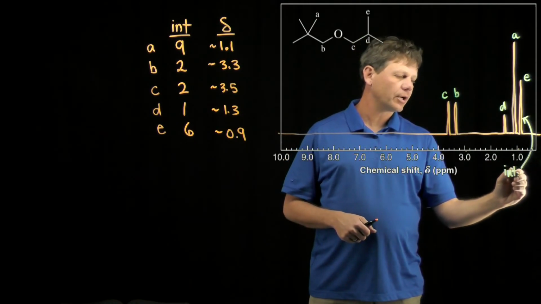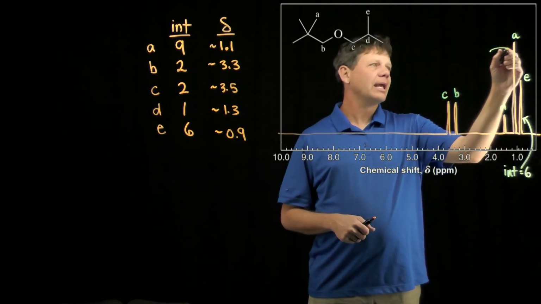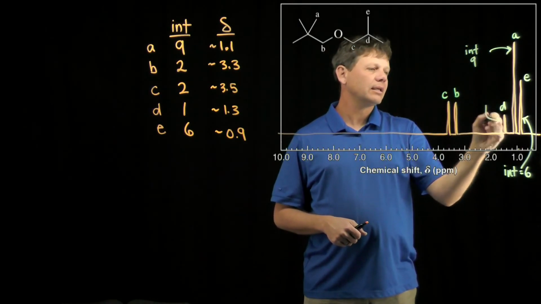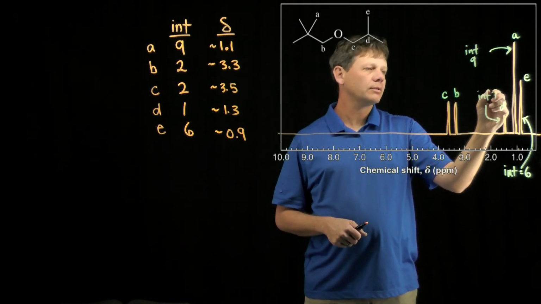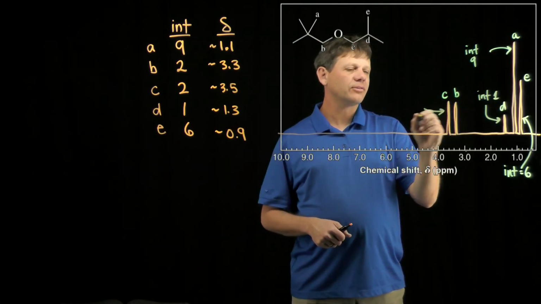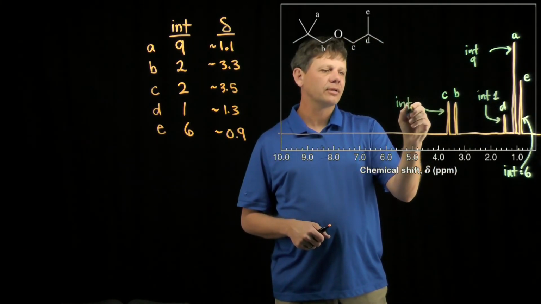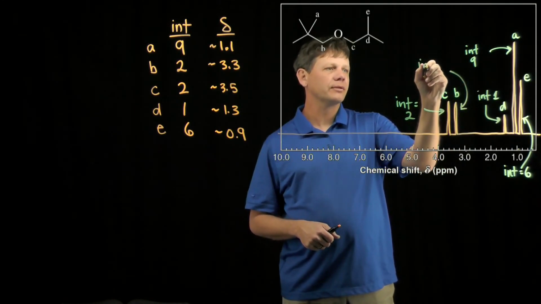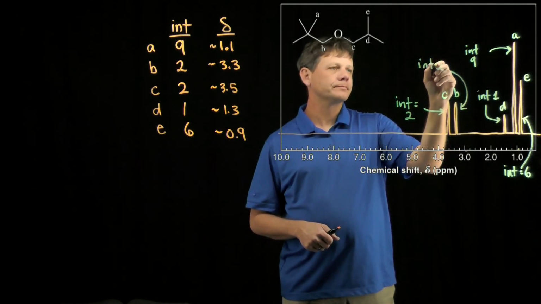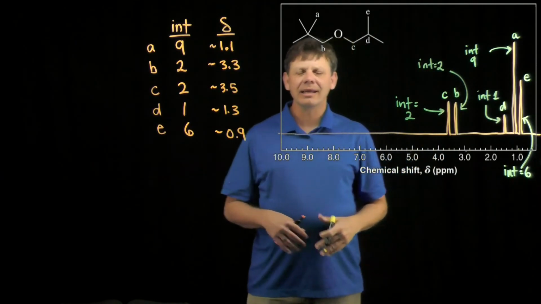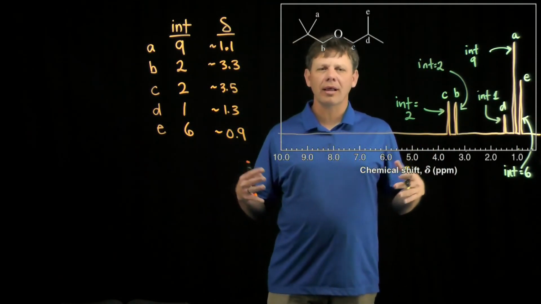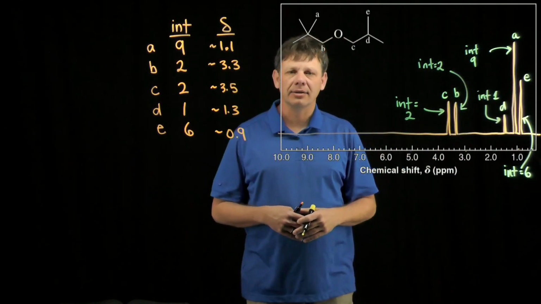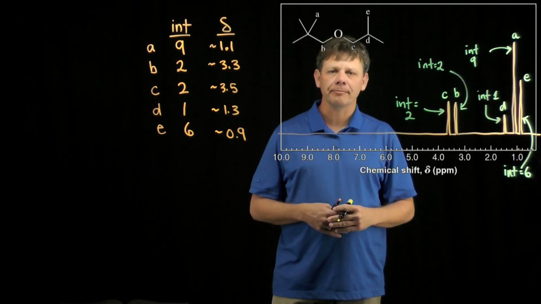This one will integrate to 6, A integrates to 9, D integrates to 1, C integrates to 2, and B also integrates to 2. Again, that labeling is really just to make sure we're all on the same page in case our art doesn't show it exactly the way we want it to.